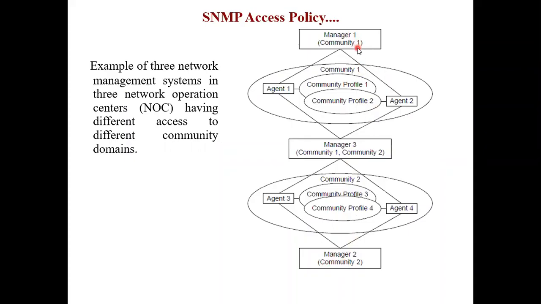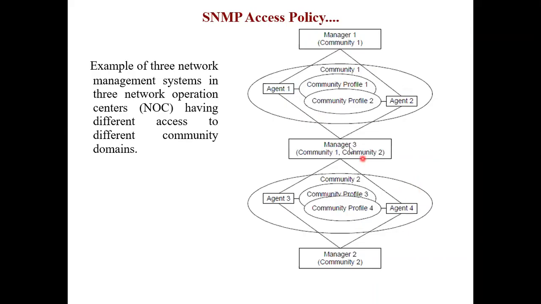Manager 1 belongs to community 1. Manager 3 is in between and belongs to community 1 as well as community 2. Manager 2 belongs to community 2. So there are 3 managers and 2 communities: two managers belong to only one community, while the third manager belongs to both community 1 and community 2.